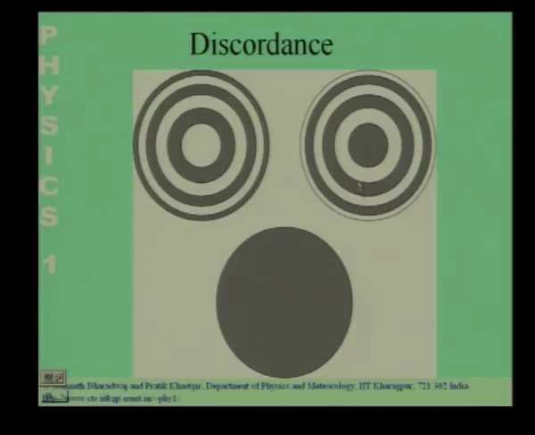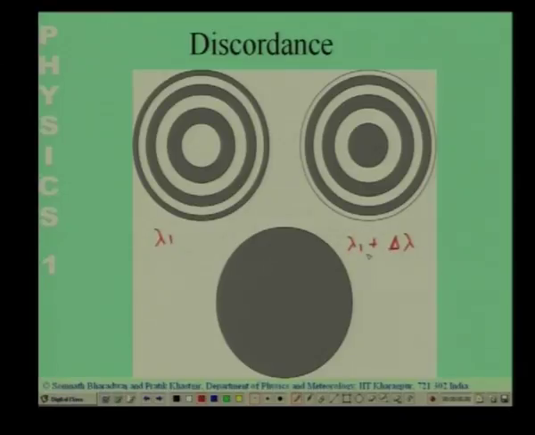Notice that for one of the wavelengths we have a dark spot at the center, for the other wavelength we have a bright spot at the center. Now, if this is lambda 1 and this is lambda 1 plus delta lambda, we have a bright spot at the center for lambda 1, we have a dark spot at the center for lambda 1 plus delta lambda.